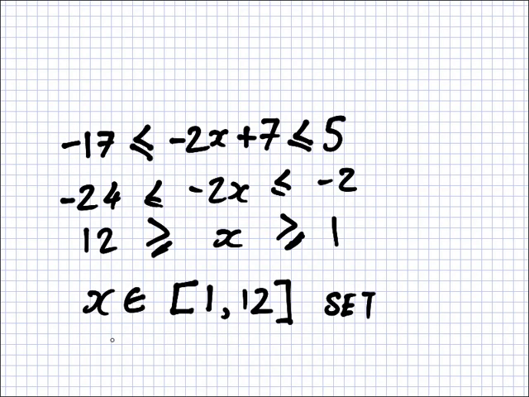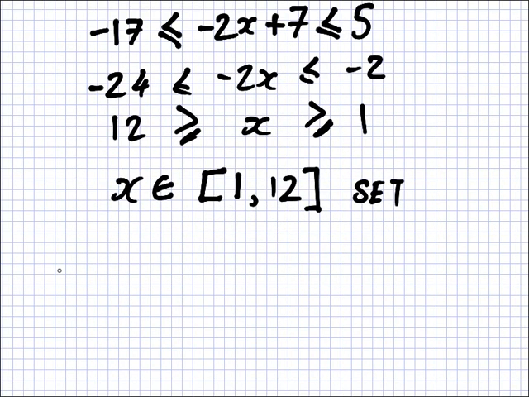Let me remind you of the sets to help you. So, N means natural numbers, which are numbers like 1, 2, 3, 4. What's Z? Integers.